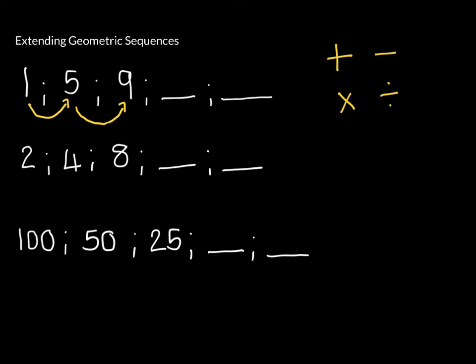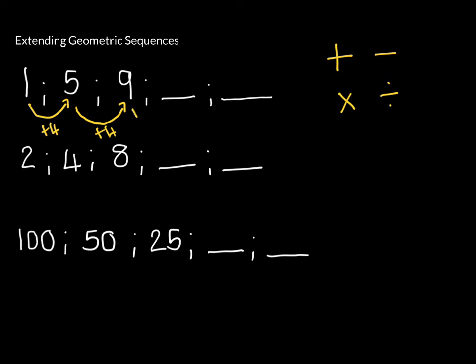Let's try adding, maybe. If I try and add to get from 1 to 5, I would have to add 4. Okay, that works. And then 5 plus 4 gets me to 9. So we have a pattern here. Now we know what we have to do in order to get to the next number.